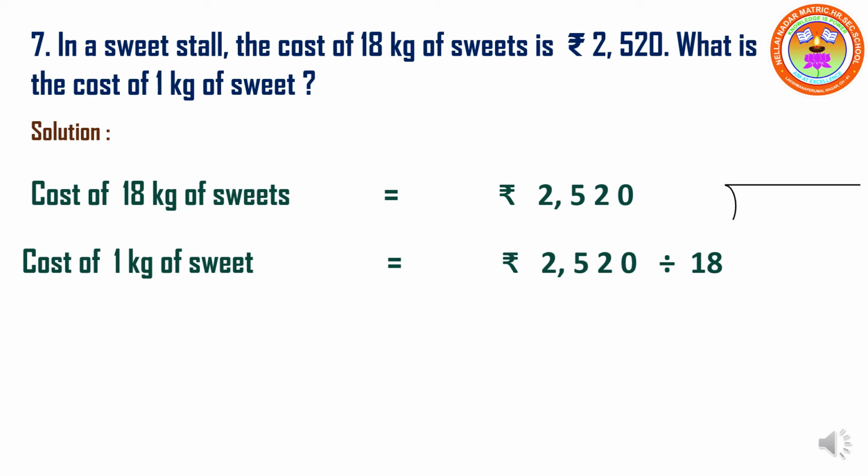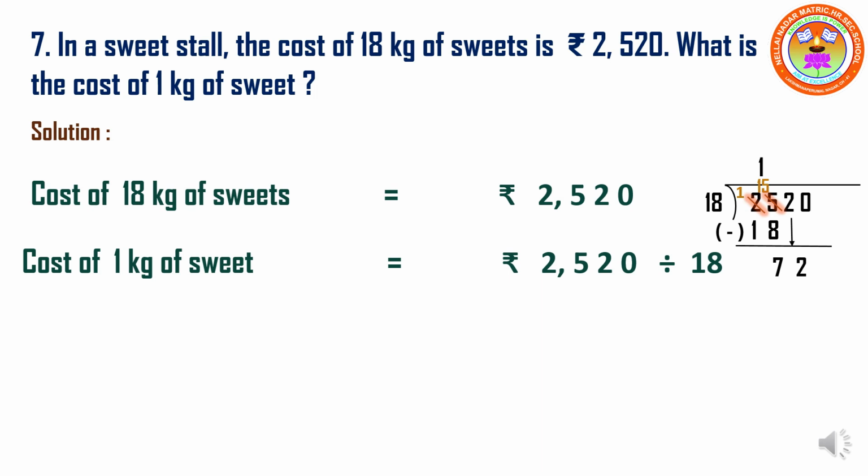So here 2520 is the dividend and 18 is the divisor. Now 18 into 1 is 18. Yes, subtracting 5 minus 8 we cannot do, so we are going to borrow. So borrowing from 2, 2 becomes 1 and 5 becomes 15. So 15 minus 8 is 7.